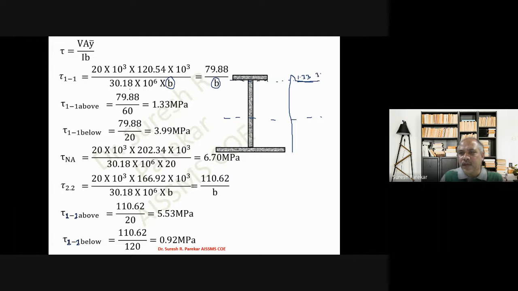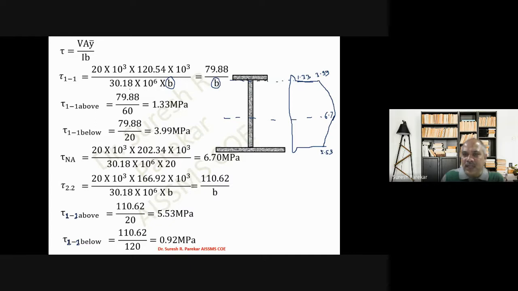Then at the neutral axis we have this value 6.7. And here we have 0.92 if I go from the bottom, and here 5.53. So this value is 5.53, and here we have 6.7, and then we connect this. So this is my shear stress distribution diagram.